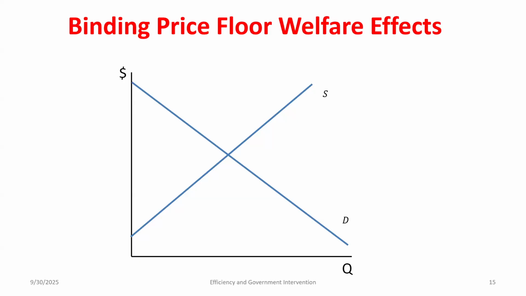So I kind of mentioned this, we won't extend the models quite this far, but if I have a minimum wage and I have these people who are unemployed, they're still willing to work for a certain amount of money, and there's still people that would have, before this price floor, paid them. So what might I create? A black market where people are paid under the table, right? I've had plenty of these jobs.